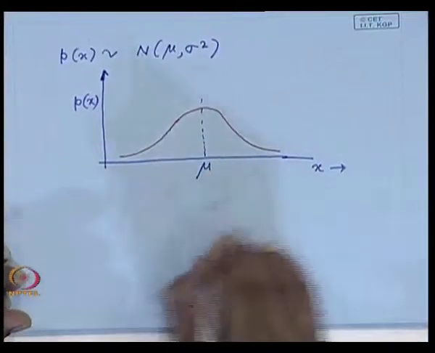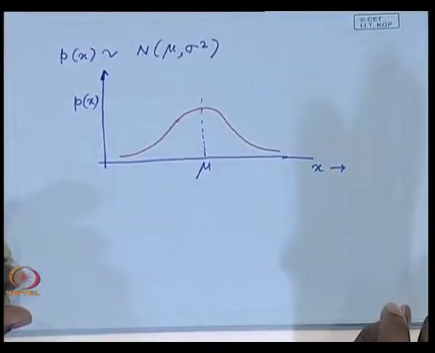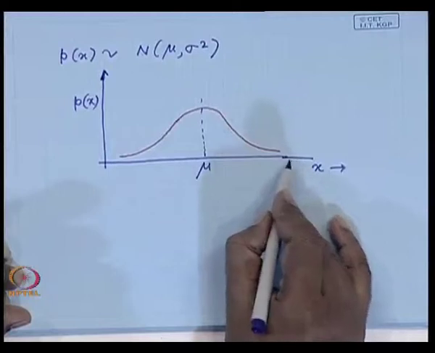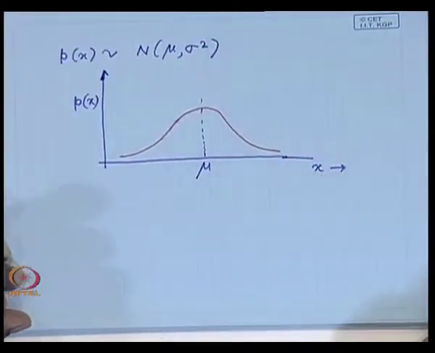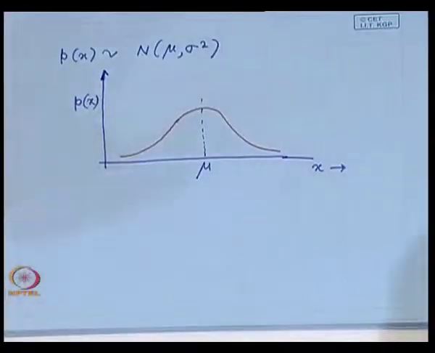As you go away from the mean value, the population density will go on decreasing, and after a certain limit, given by plus minus 2 sigma, twice the standard deviation on this side as well as on this side, I can actually neglect the population density.